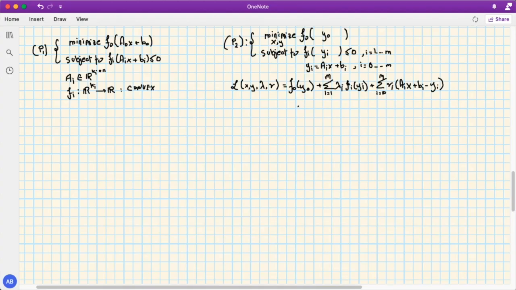Okay, now the next step to write the dual problem is to find the dual function, that is g of lambda, nu, that is defined as the infimum over x and y of the Lagrangian function L of x, y, lambda, nu.